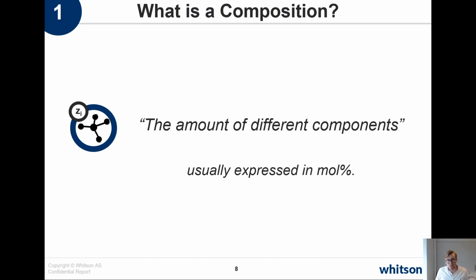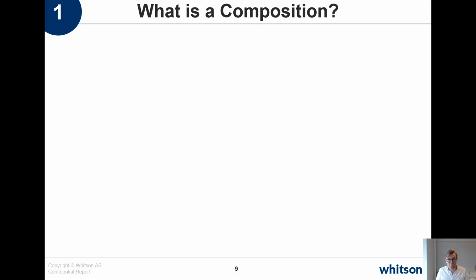Okay, so a composition is just describing the amount of different components, and I've witnessed it sometimes myself that if you don't have a good understanding of what a composition is and means, some people can be a little bit caught off guard when they hear that word. And if I use that, I'm just simply talking about the amount of different components that makes up a mixture.